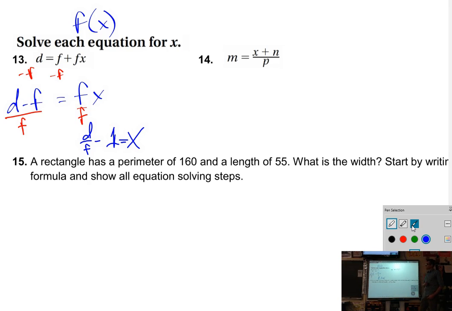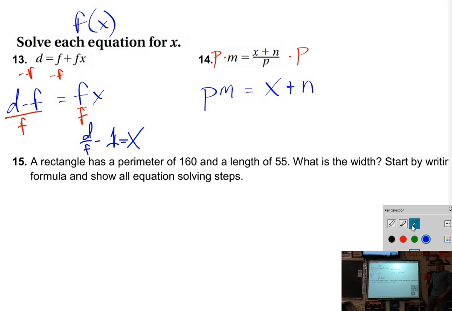We're going to do the same process here for x where it's in the numerator. Since it's involved in a division, the first thing I want to do is get that division to not happen. The best way to do that is to multiply, reversing the division with the inverse operation of multiplication. Luckily on the left-hand side, there's only m, so I just get pm equals x plus n.